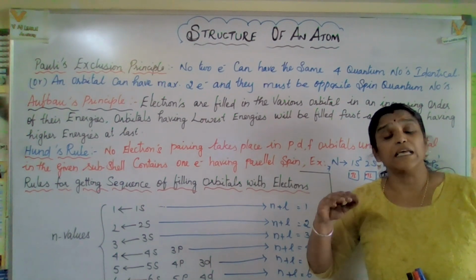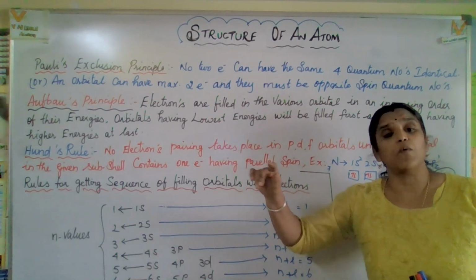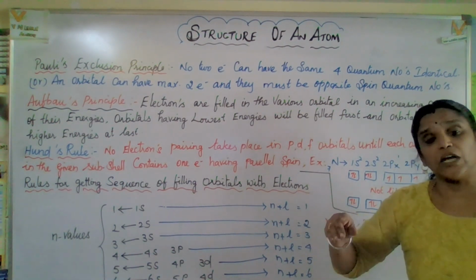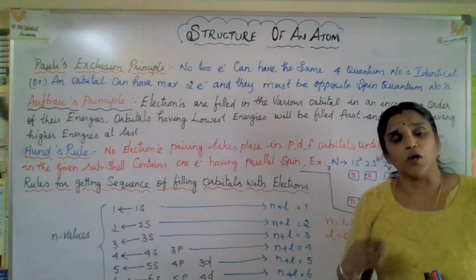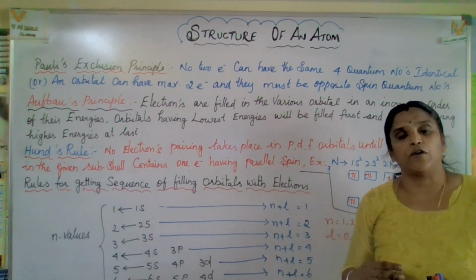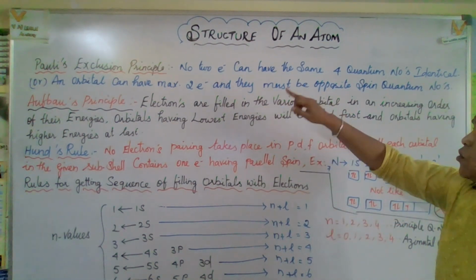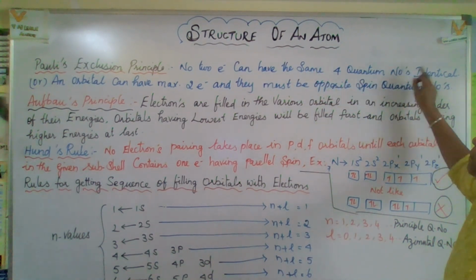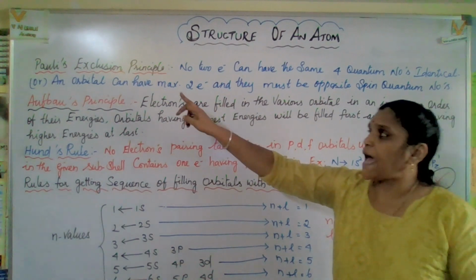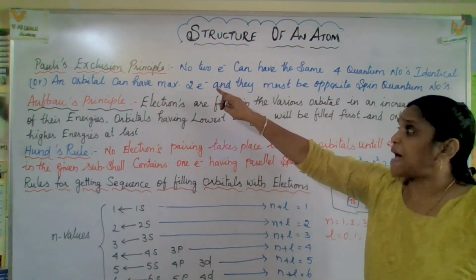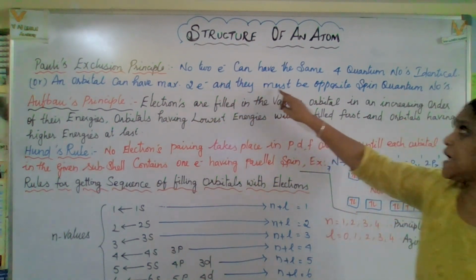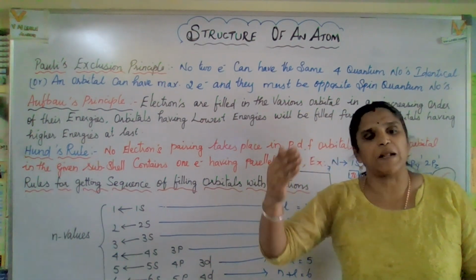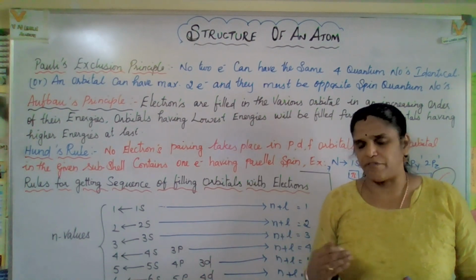Azimuthal quantum number L starts with 0, 1, 2, 3. In that only there will be difference, and the magnetic and spin quantum numbers will also be different. So no two electrons can have the same four quantum numbers, or an orbital can have a maximum of two electrons, and they must have opposite spin quantum numbers: one is plus half and the other is minus half.